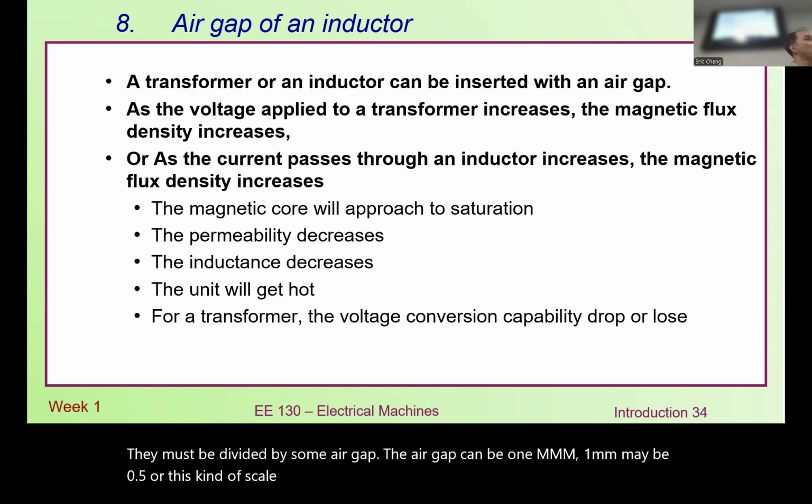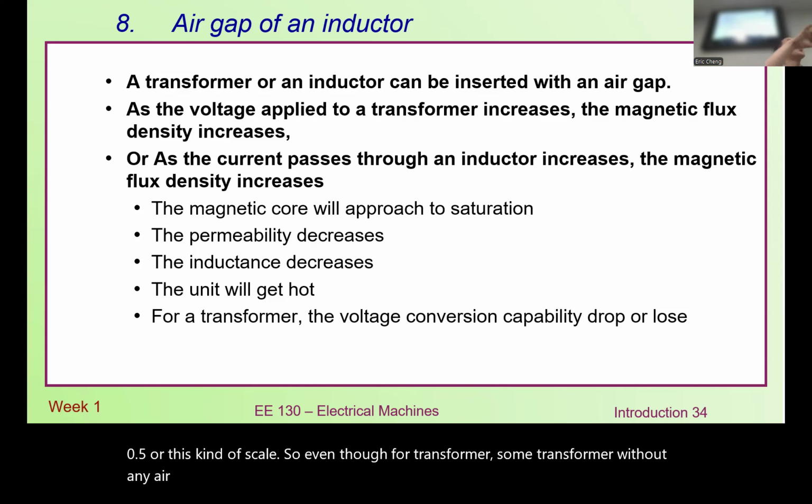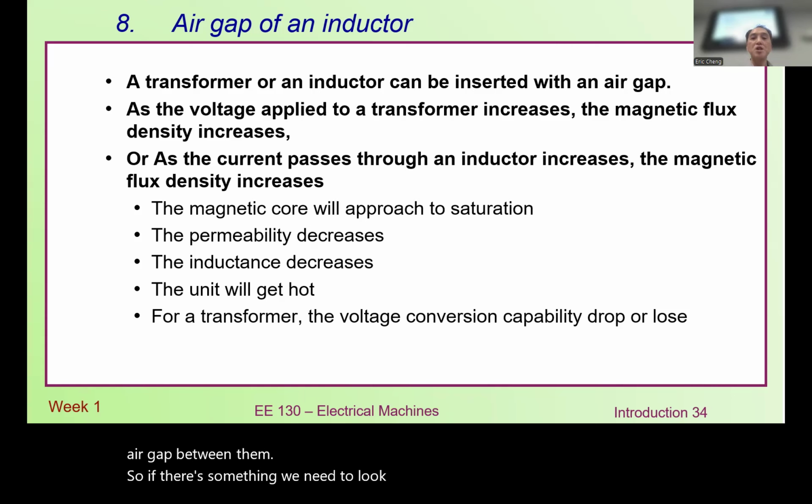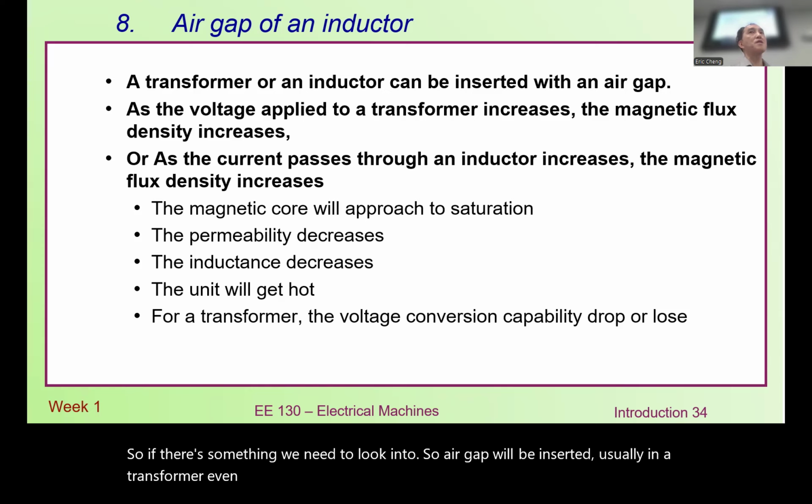Even for a transformer, some have no air gap and all the magnetic core is one piece, but sometimes we also see an air gap. So that's something we need to look into. An air gap is usually inserted in a transformer, even an inductor, to control the magnetic flux inside.